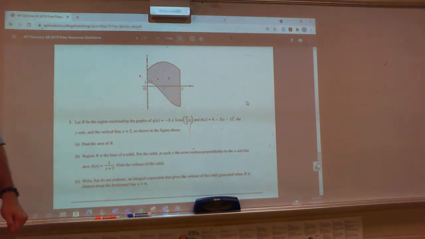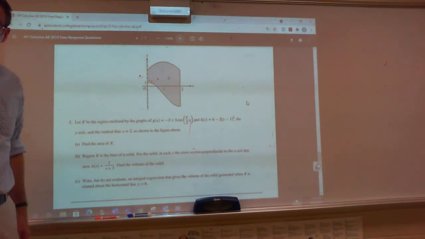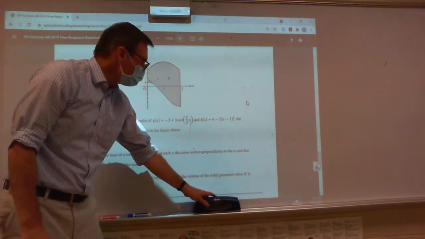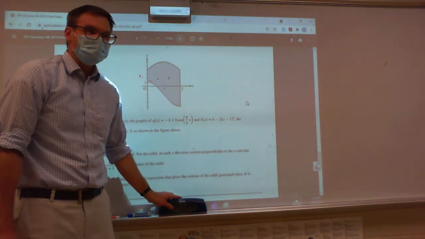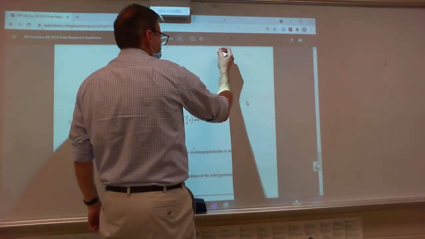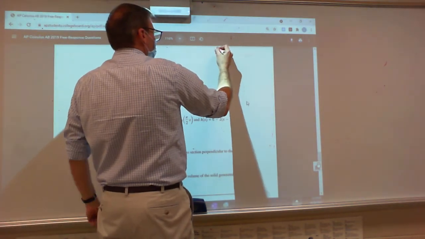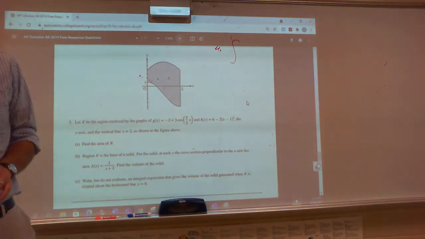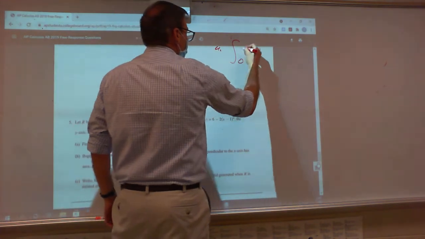Yay! We get their old solids, right? And then it's like, yuck. When I first looked at this, it seemed a little ugly. It says find the region R. Well, fine, I'll find region R. So for part A, that's going to be the integral from where to where? That part's easy, right?